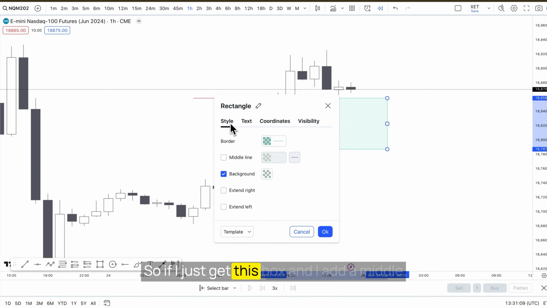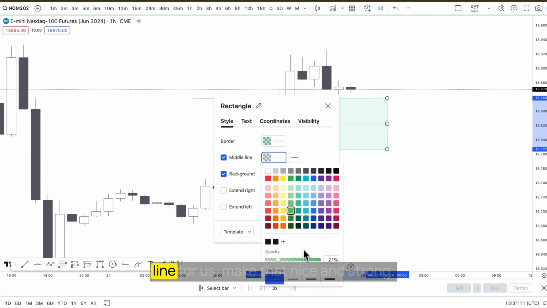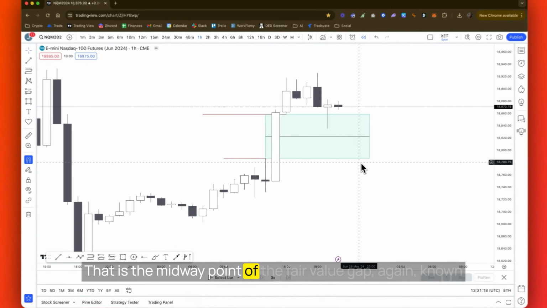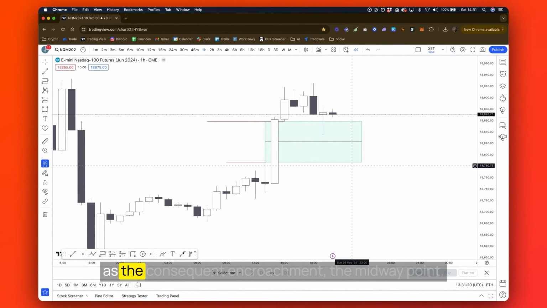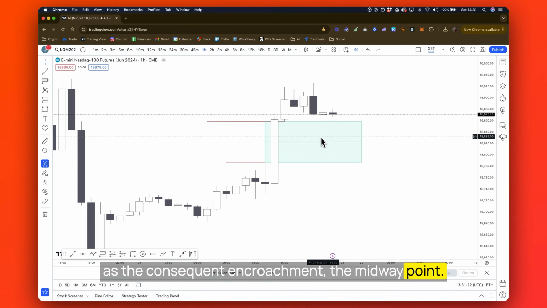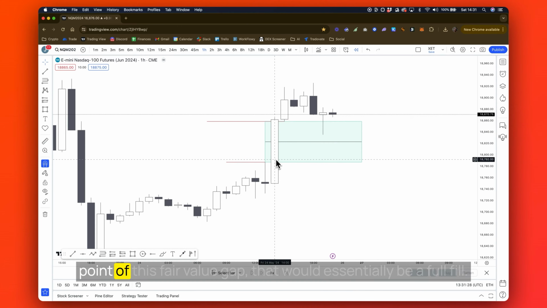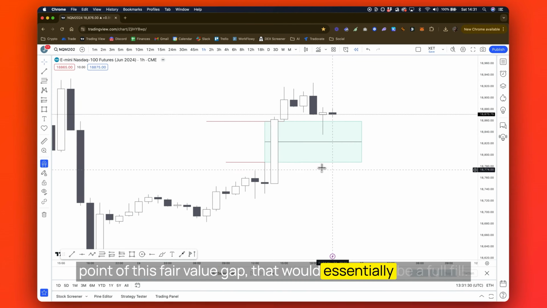So if I get this box and add a middle line, make that nice and strong, there we go. That is the midway point of the fair value gap, again known as the consequent encroachment. And then obviously, if the price were to return to the entire point of this fair value gap, that would essentially be a full fill.